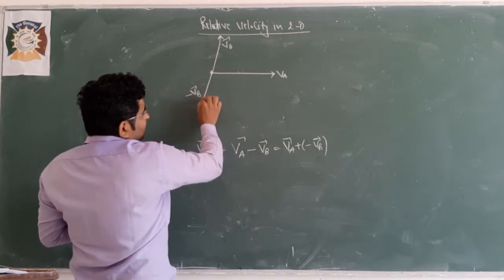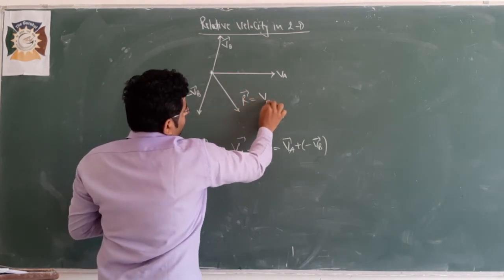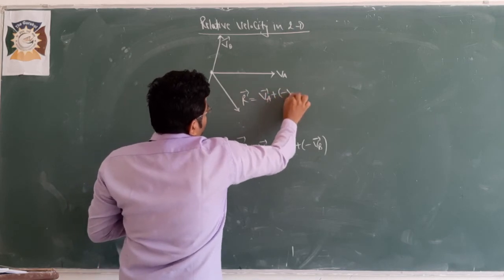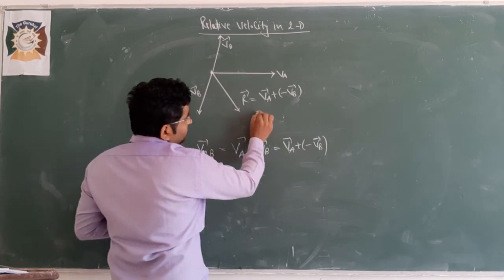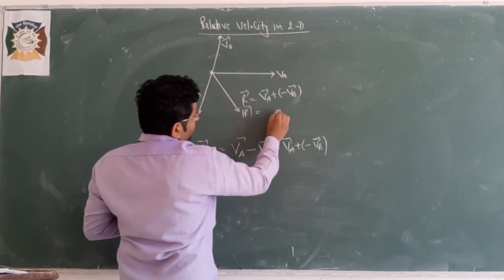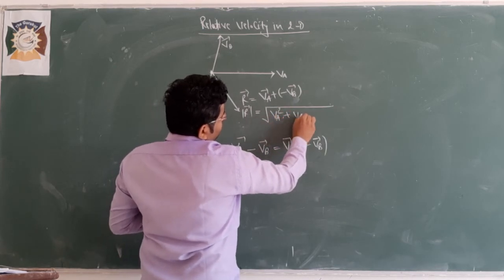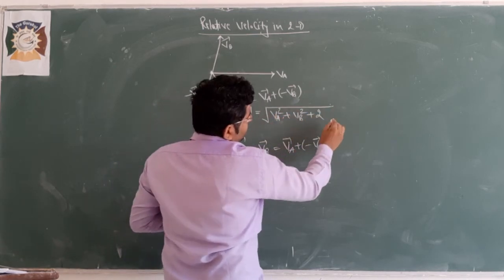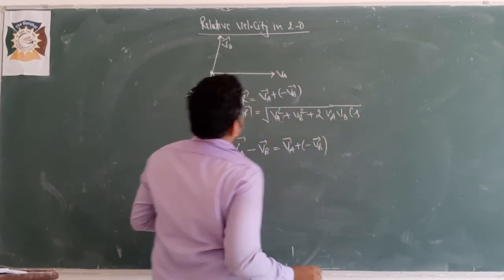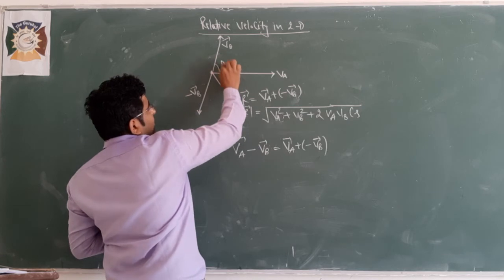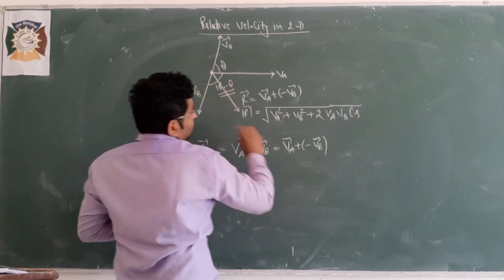So beta, their resultant will come here, that is R, VA minus VB. Beta, what will their resultant be? Under root VA square plus VB square plus 2VA VB cos of the angle between them. Let this be angle theta, then it will be 180 minus theta.